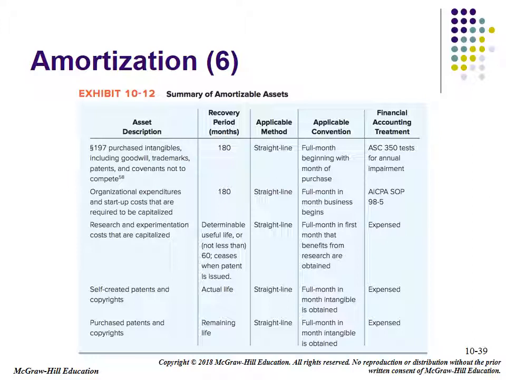So one more time, 197 are things like goodwill, trademarks, patents and covenants not to compete. Organizational expenditures and startup costs are capitalized and expensed over 180 months as amortization. Research and experimentation costs are either immediately expensed or deducted over 60 months or less.